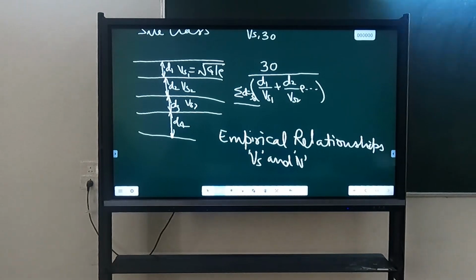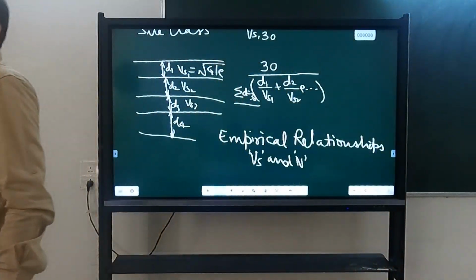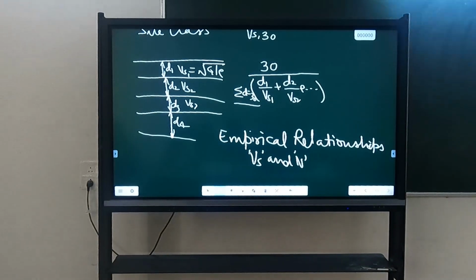A large number of relationships exist, and that is the problem: which relationship should you use? The ideal thing is to develop a relationship for in situ conditions. Suppose you are working on a large project, you make a few cross boreholes, develop a relationship between N value and shear wave velocity yourself, and then use it for the other applications. That is the ideal situation.